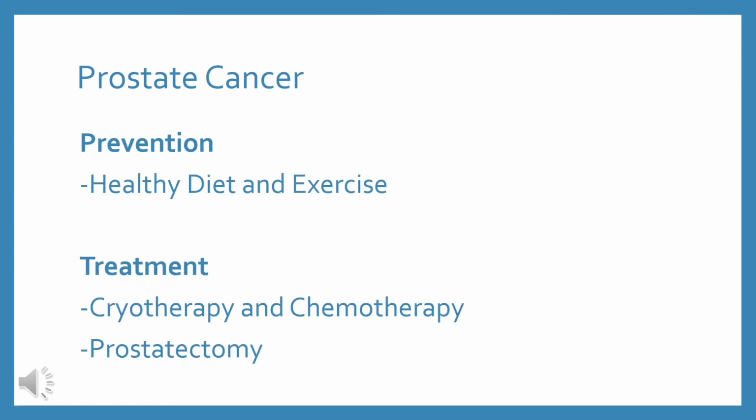So to prevent prostate cancer, the only advice is to have a healthy diet and regular exercise. And to treat this kind of cancer, cryotherapy and chemotherapy are usually done. And also, prostatectomy is one of the most common surgeries in treating prostate cancer, which is the removal of the prostate gland.